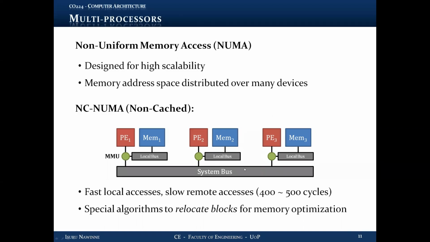So the operating system can use special algorithms to map specific physical memory to specific virtual memory addresses so that the overall time spent on memory accesses is optimized across all the processes. Right? So it's a global optimization problem which has to be addressed.